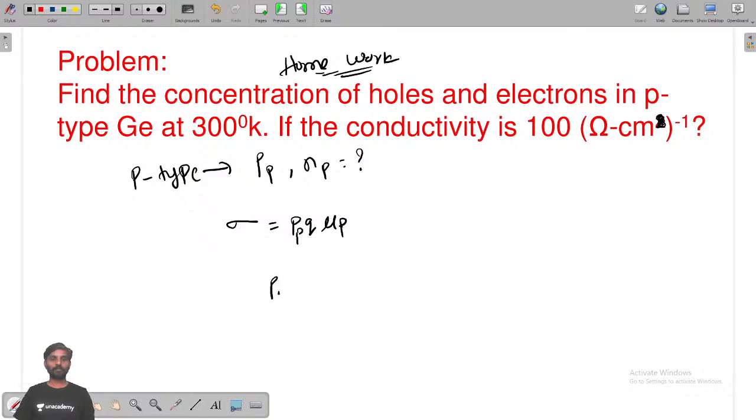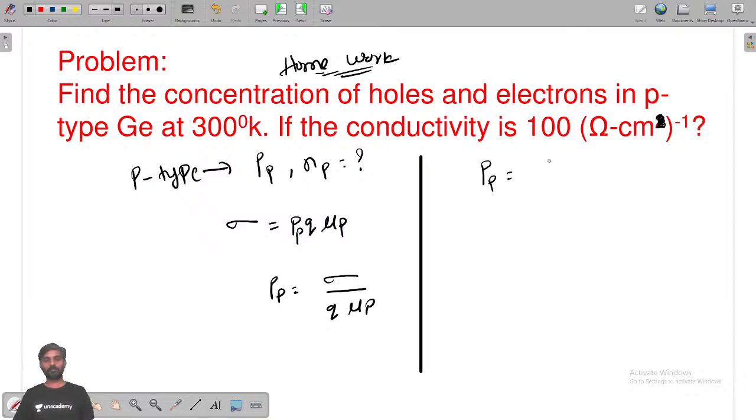So simply PP is nothing but sigma by Q mu P. Here again, what I asked you to remember is the values of mobility. PP is equal to sigma, 100, by Q, 1.6 into 10 to the power of minus 19.